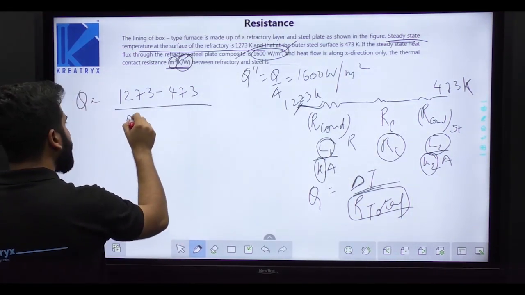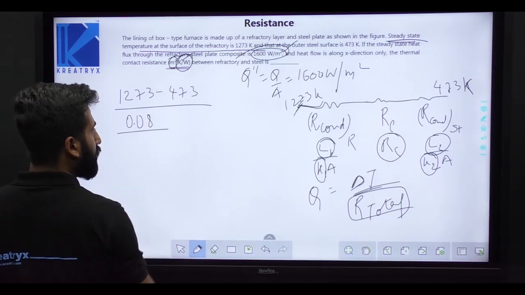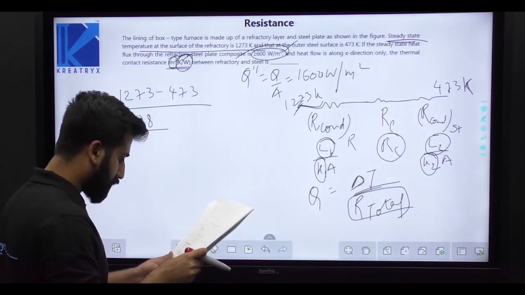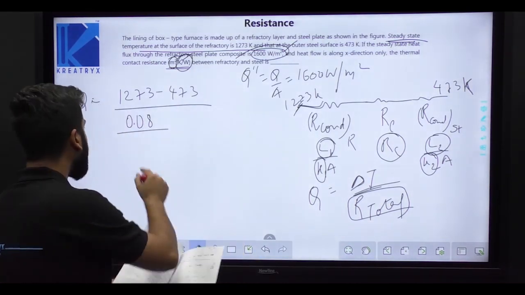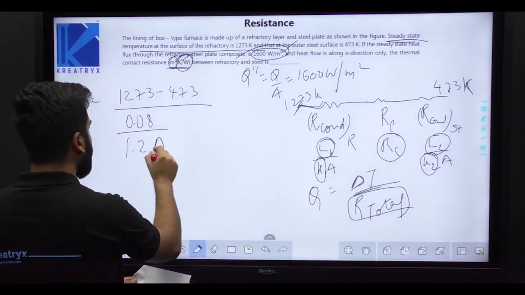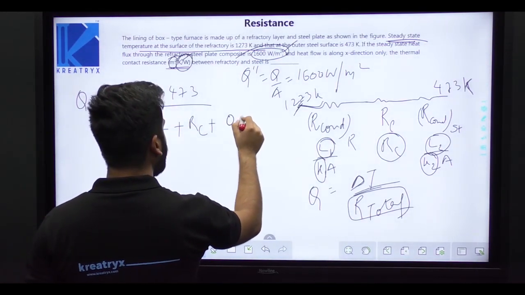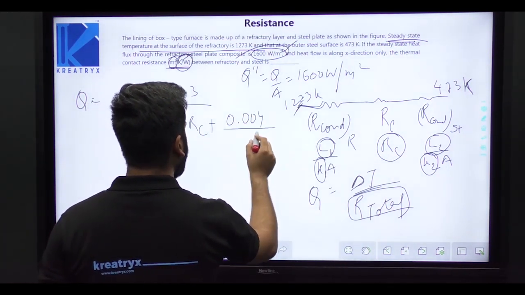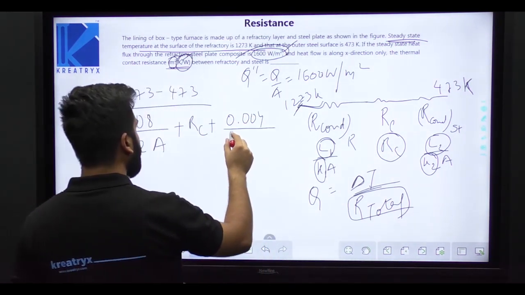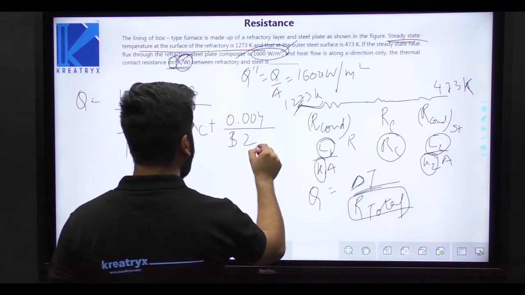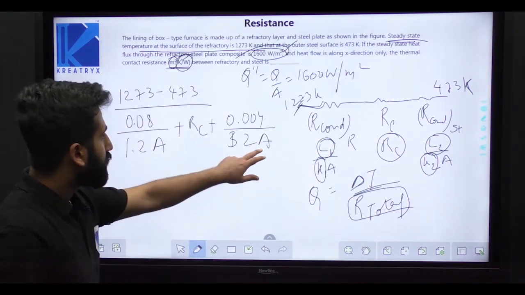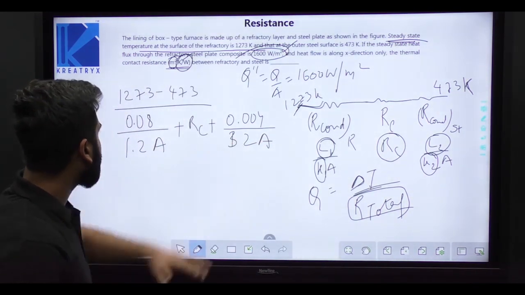L1 was 0.08 upon K1. K1 was, I guess, let me check that, 1.2, plus Rc, plus this is 0.004, the thickness of the steel plate. This was 32A. Okay, what you do is you take A common from here.